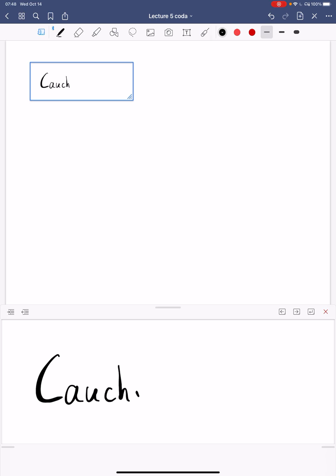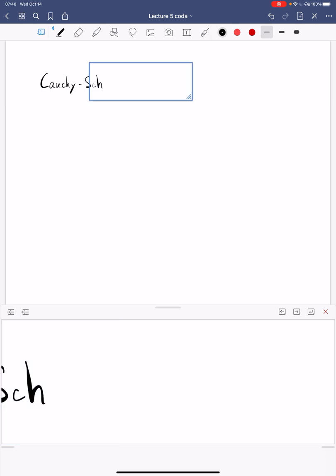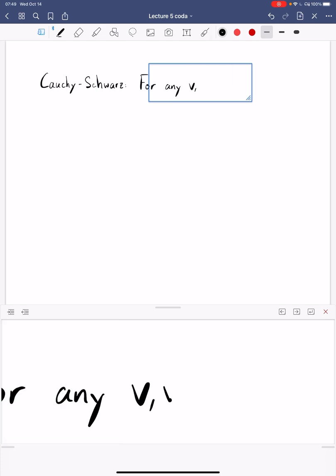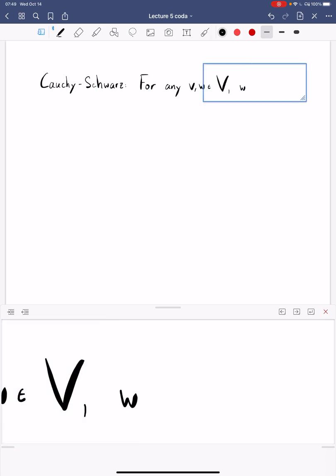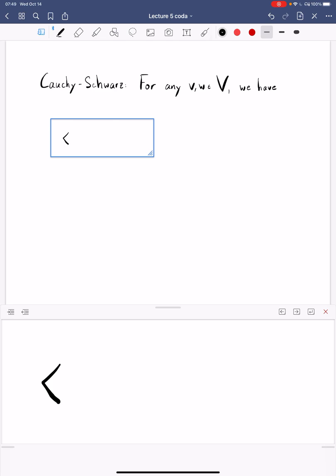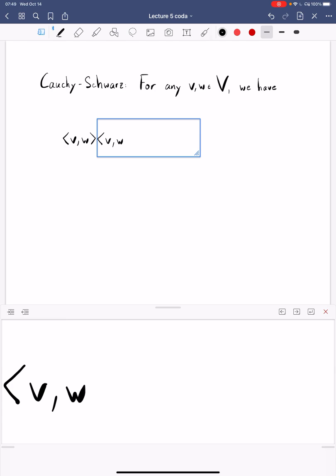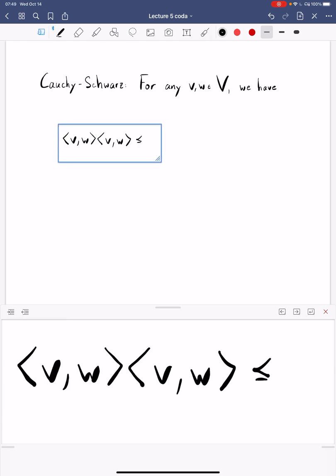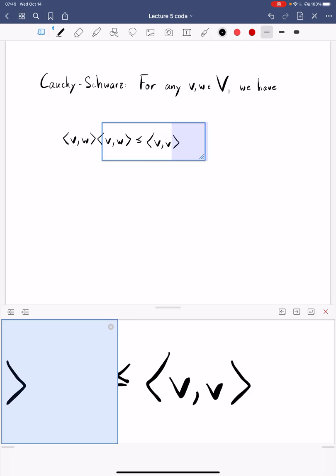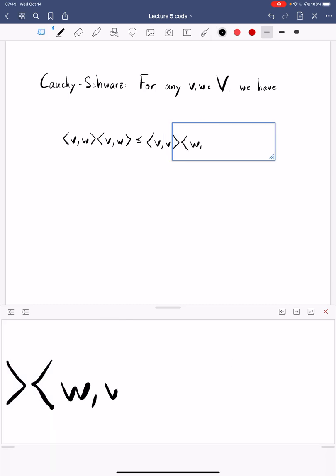Okay, so it can be written like this. Cauchy-Schwarz says that for any two vectors v, w in V, we have, here's one way to write it: the scalar product of V with W times the scalar product of V with W. So if I mix together V and W and take scalar products, and I do that twice, that's less than or equal to what I would get by taking the product of these pure scalar products, which don't mix v and w, right?